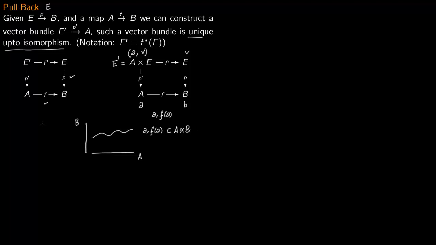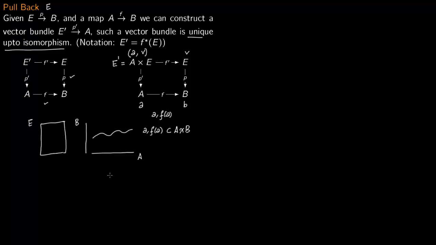You're given a vector bundle here, which is E. We are just trying to show that this A times E actually is a vector bundle. So on A times B, you can construct a vector bundle A times E. How will you construct it?